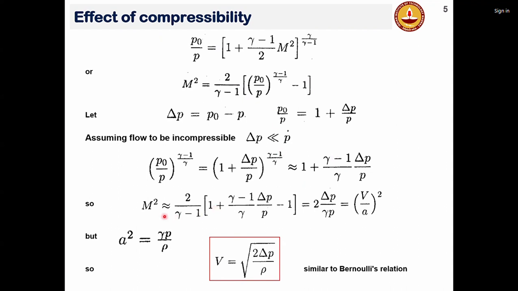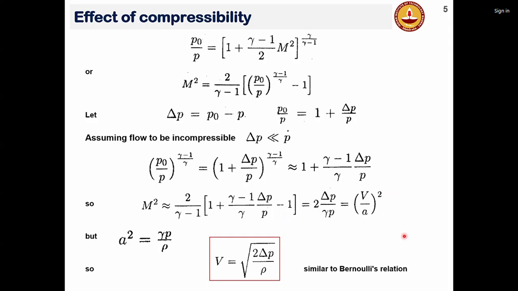When you substitute, you get M square equal to 2 by gamma minus 1 into (1 plus ((gamma minus 1) divided by gamma) into delta P by P, minus 1). So this minus 1 will get cancelled, gamma minus 1 will get cancelled, and you have 2 by gamma into delta P by P. That is equal to (V by A) whole square.